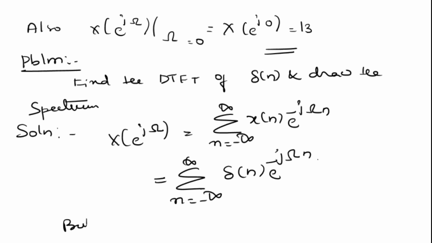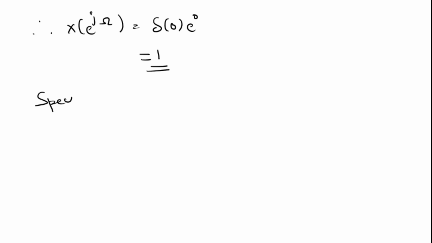But delta of n is equal to 1 when n is equal to 0 and it is 0 when n not equal to 0. Therefore, X of e power j omega is equal to delta of 0 into e power 0, which is equal to 1.